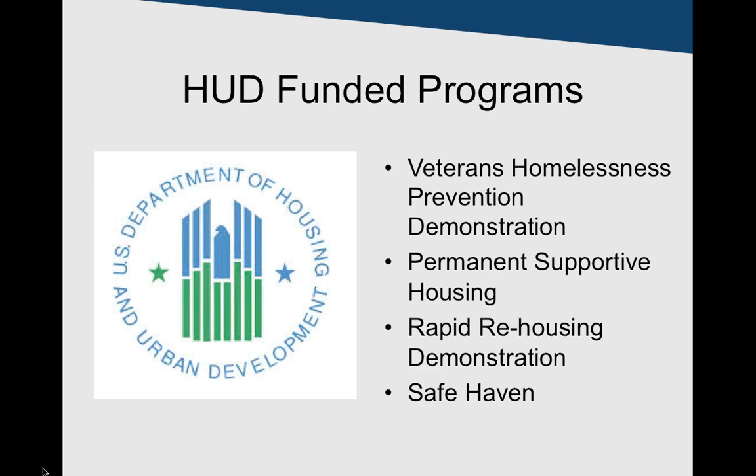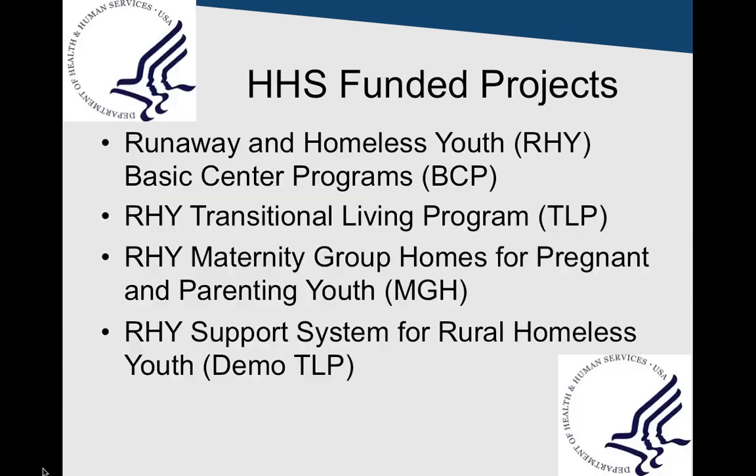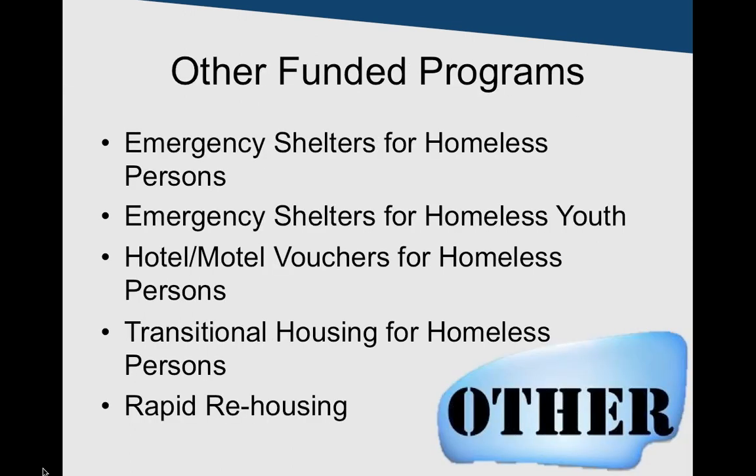Next couple of slides. Permanent supportive housing, rapid rehousing, safe havens there. All right, and here are the Department of Health and Human Services specific funded projects. And these are your runaway and homeless youth projects.